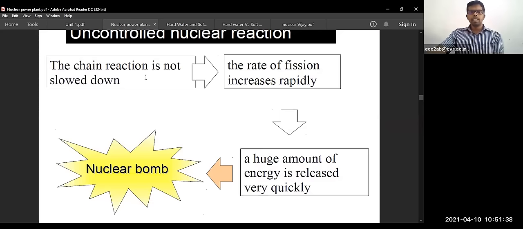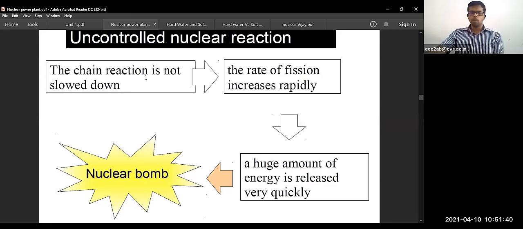Here, if you see an uncontrolled nuclear reaction, once uranium or plutonium-239 is bombarded, the chain reaction grows enormously. You can't slow down that chain reaction.